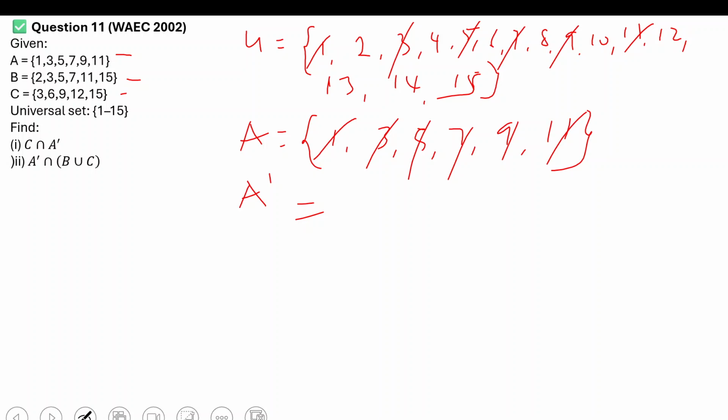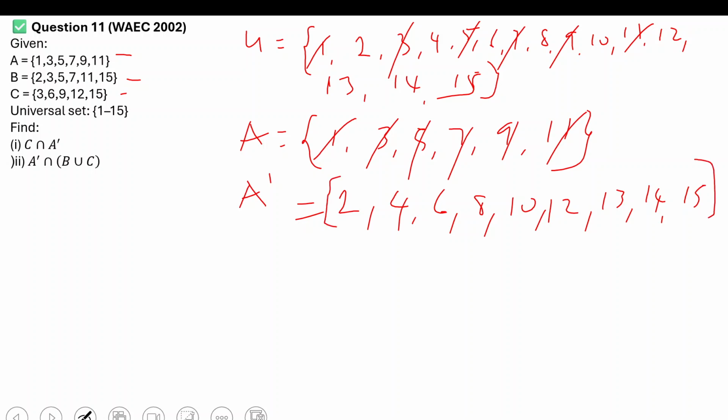What is left now is 2, 4, 6, and 8, then 10, then 12, 13, 14, and 15. So this is A prime listed. Let me put the brackets as A prime listed, right?